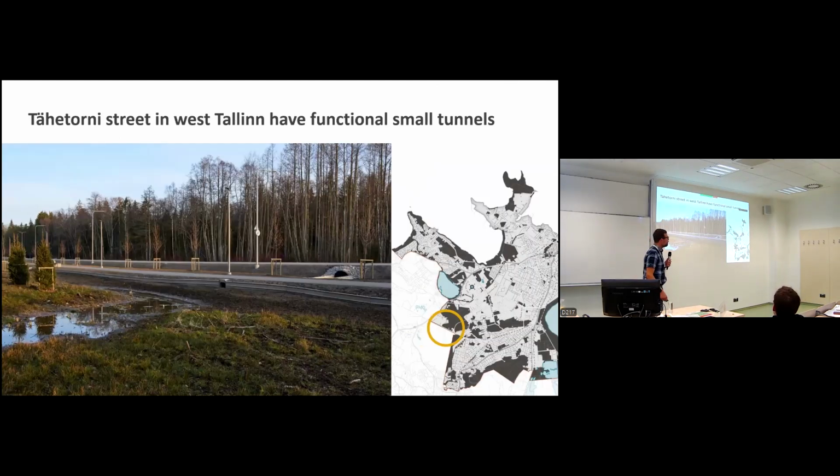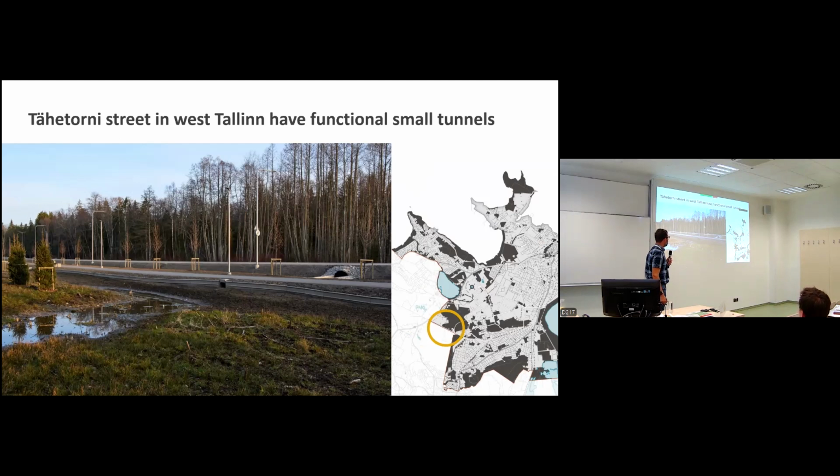Some examples. For example, this is Tähetõrni Street in the western portion of the city. The street was renovated a couple of years ago, and during this, small wildlife tunnels were also added.